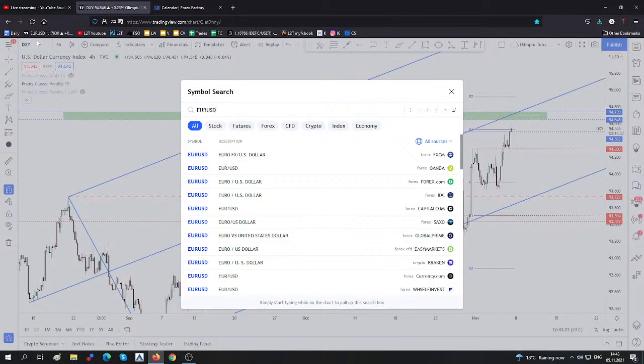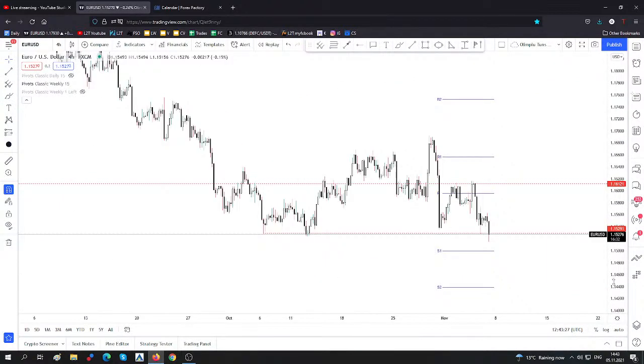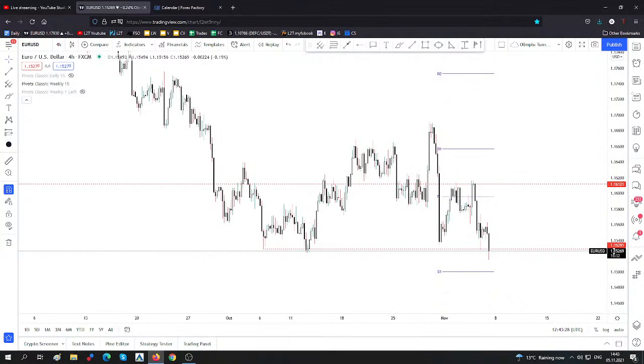Euro versus the US dollar again. I've told you earlier that personally I'm waiting for a valid breakdown below 1.1529.